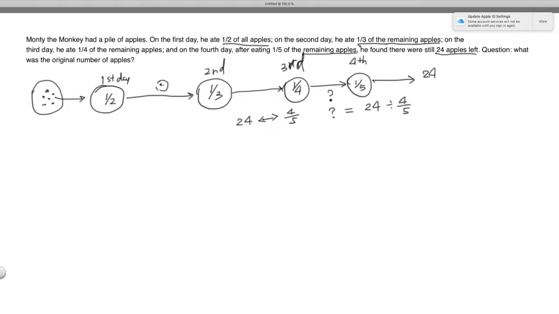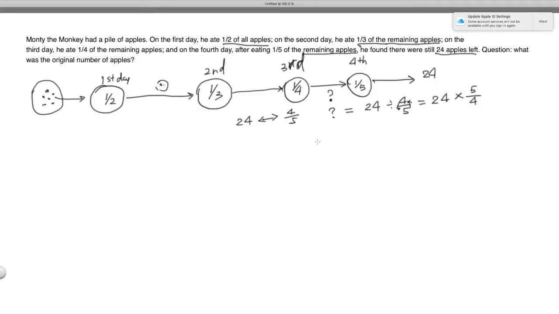Now, how do we do division of a fraction? We change it to multiplication of a fraction. This equals 24 times 5/4. By swapping the numerator and denominator of this fraction, we can change a division by a fraction into a multiplication.